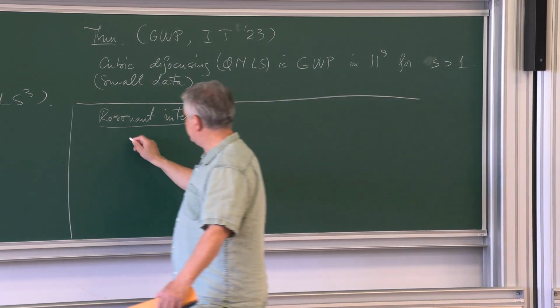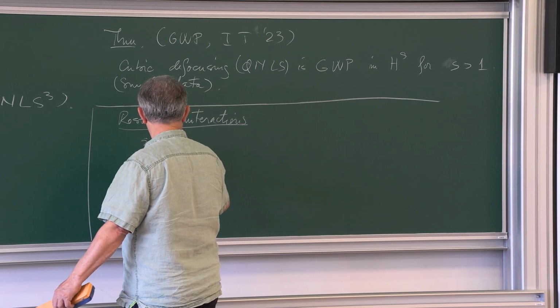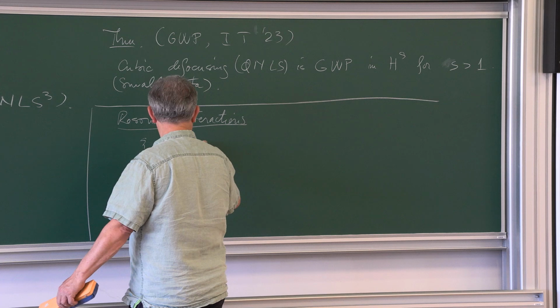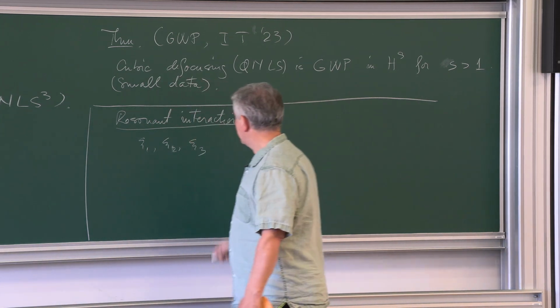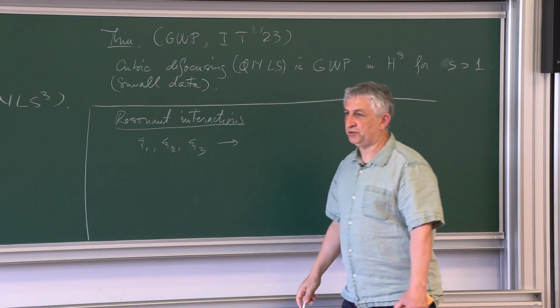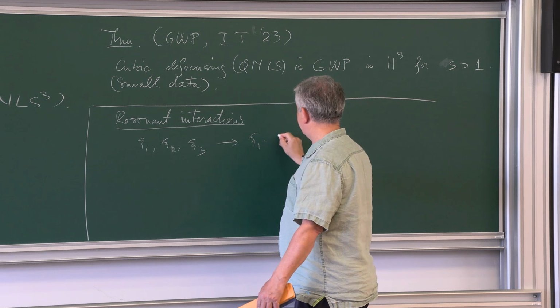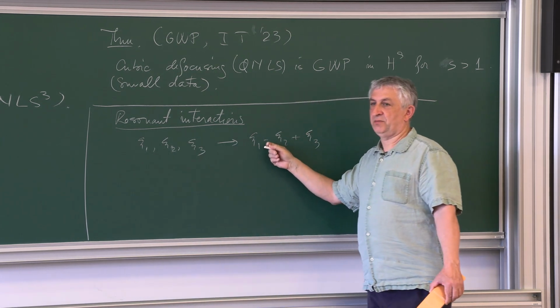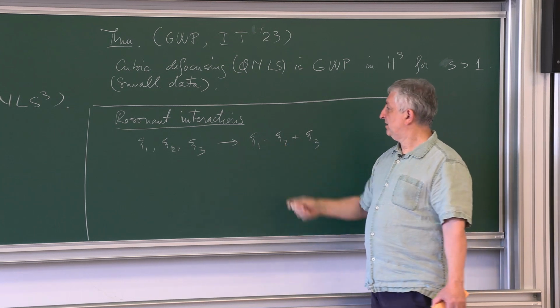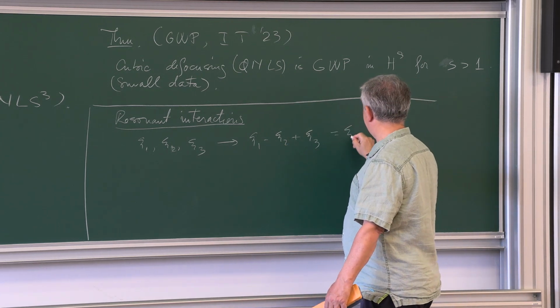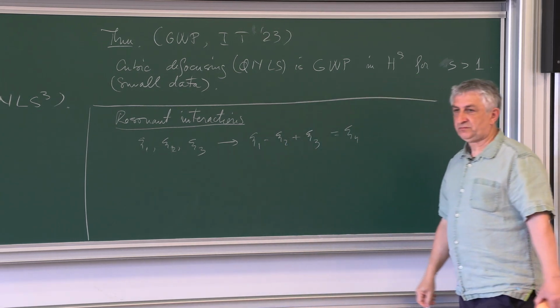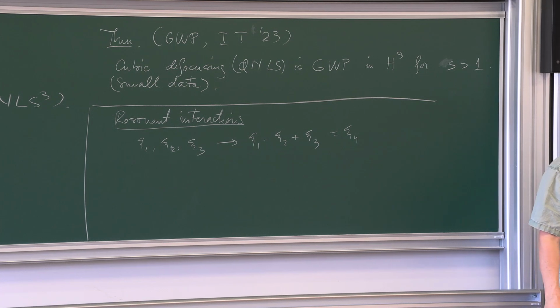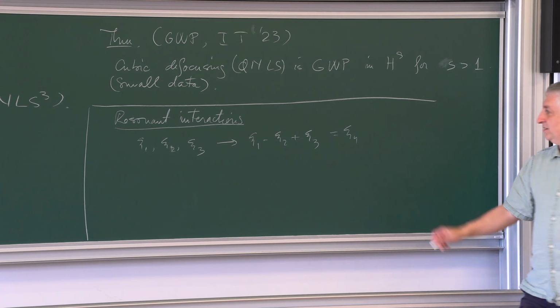So you have three frequencies, psi1, psi2, and psi3, which interact. The output will be at frequency psi1 minus psi2 plus psi3, minus because of the complex conjugate. Okay, we call this guy psi4, and then we write this relation in a symmetric way.